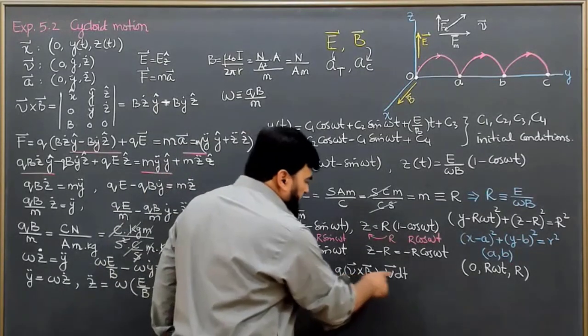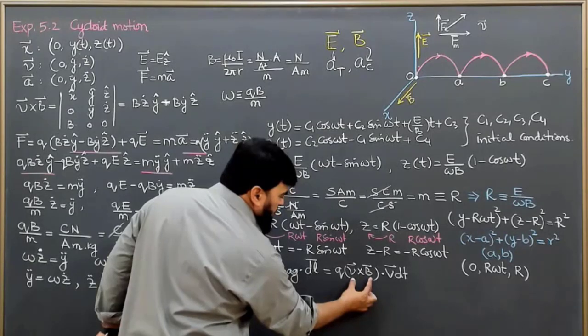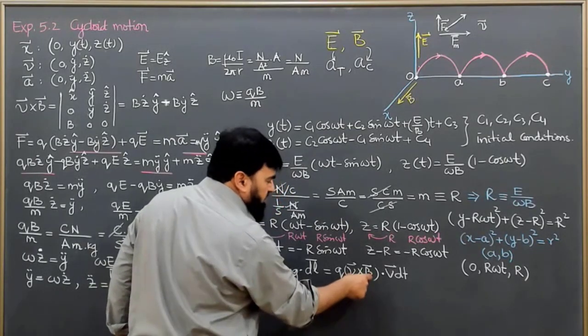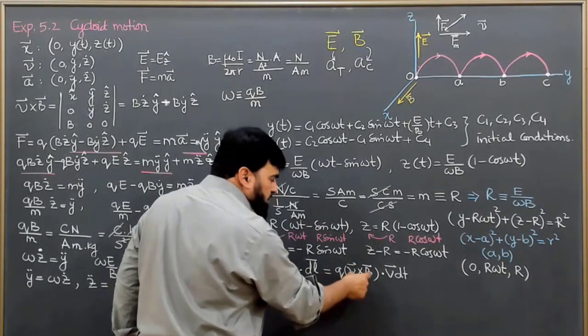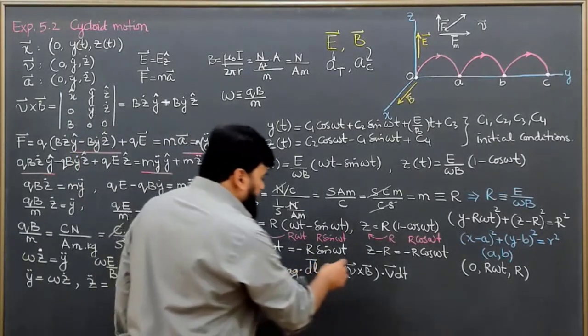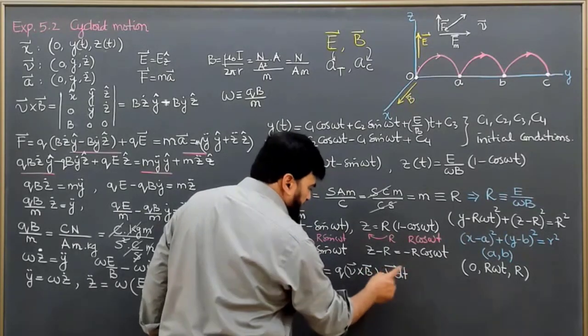Now here is V and here is V. What is the result of V cross B? We will have a vector which is perpendicular to V, perpendicular to B, and perpendicular to the plane containing V and B. So it's a vector perpendicular to V. dt is a scalar.